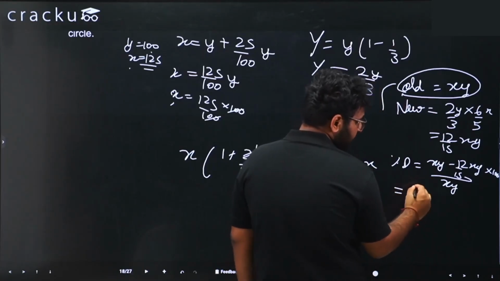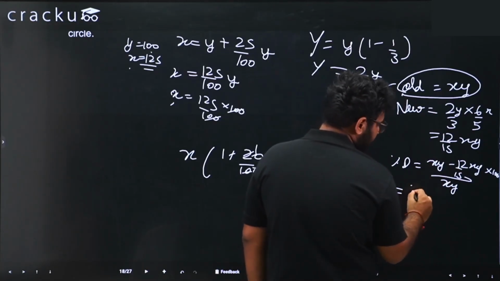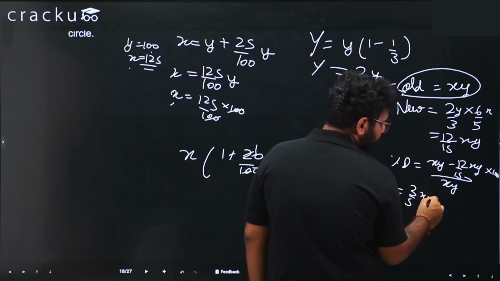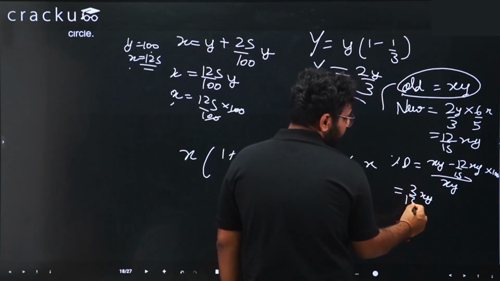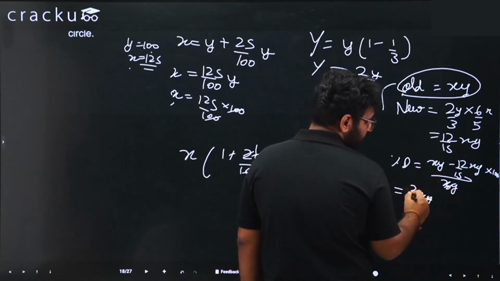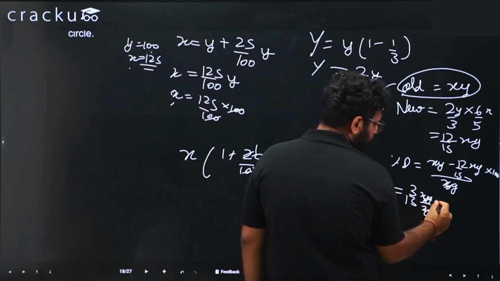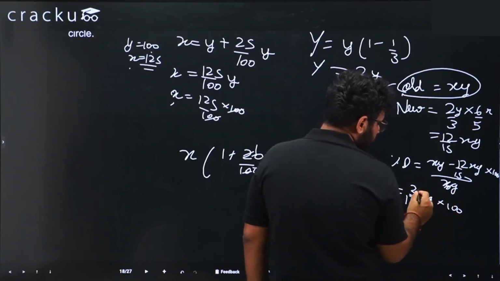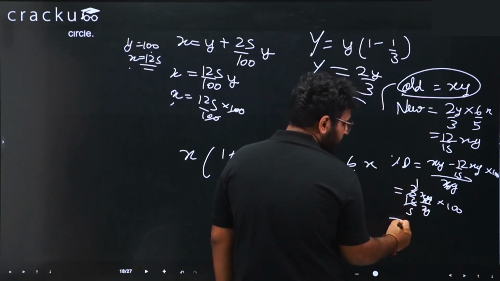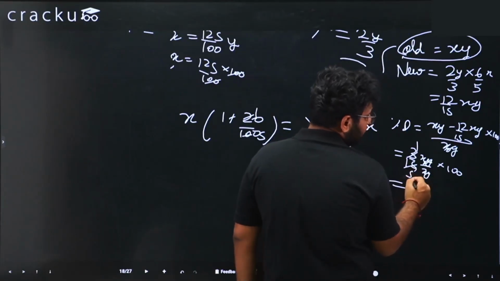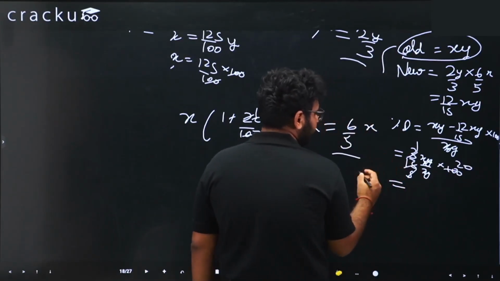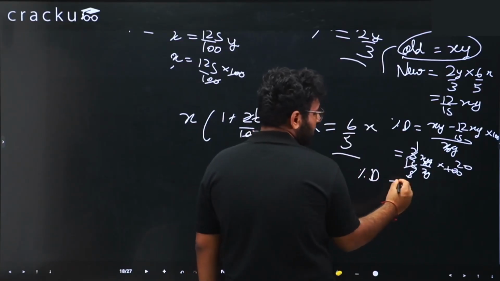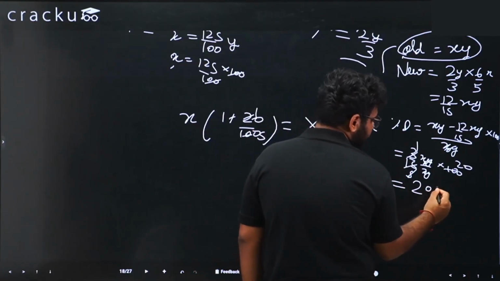So 15 minus 12 is 3, so 3 by 15, XY gets cancelled out, into 100. So 3 into 5 is 15, 5 twenties are 100. So the percentage decrease in the area will be equal to 20%.